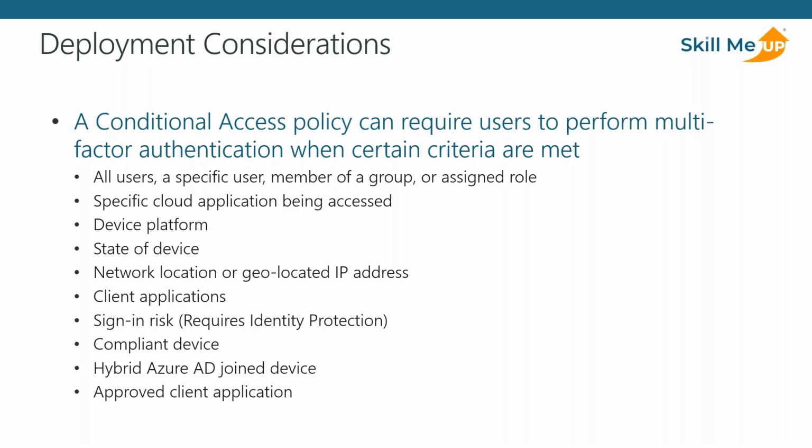Whether the device is compliant, that's down to the device being registered and then having a compliance value associated to it. Whether it's hybrid Azure AD joined or not. So if it's, for example, a Windows 10 device that's connected to your on-premises AD and also connected to Azure AD and registered. And then, of course, whether it comes from an approved client application.